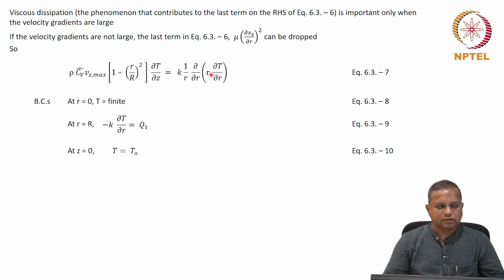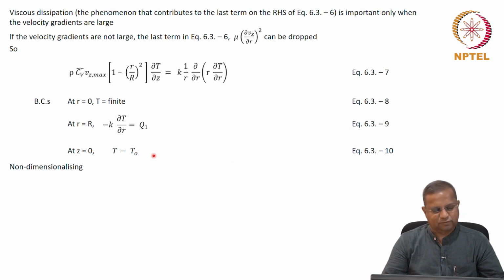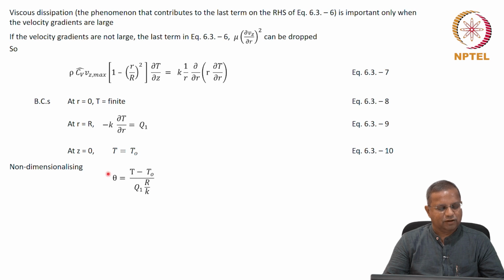If you substitute these, let's do our usual thing, non-dimensionalize. We'll come up with a certain theta that is defined, the non-dimensional variable corresponding to the temperature, theta equals T minus T naught divided by Q1 R by K. We are defining it like this. Equation 6.3-11.